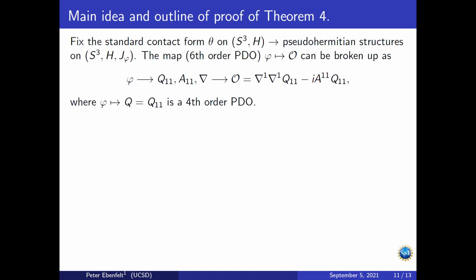And going along with the pseudo-Hermitian structure are 2 other objects. First of all, you get the pseudo-Hermitian connection, that's a nabla there. And the A11 is the pseudo-Hermitian torsion. That's also a differential operator that you can write down.